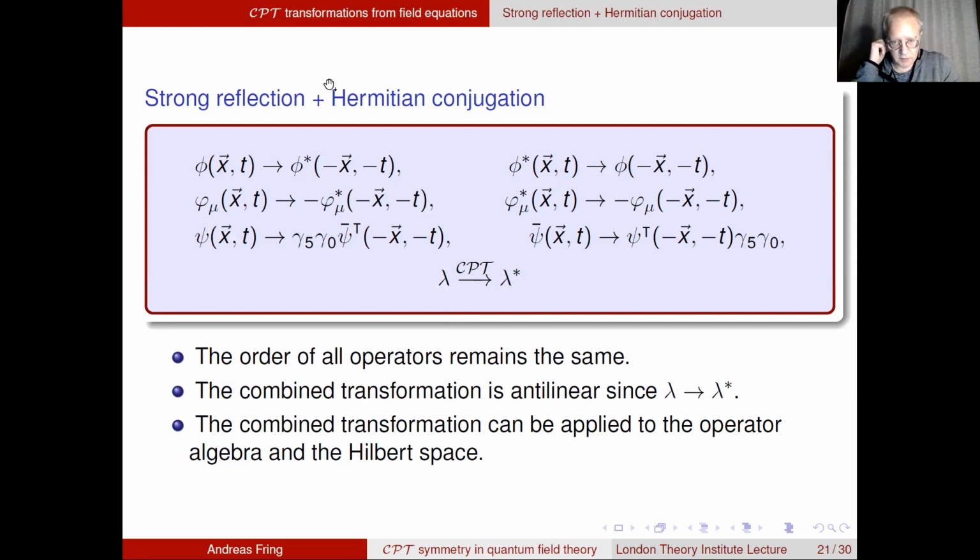But while each transformation reverses the order, this is now compensated, and in the joint transformation, the order of all operators remains the same. And in the combined transformation, you also have that lambda goes to its conjugate. And crucially, now this transformation can be applied to the operator and also to the Hilbert space.